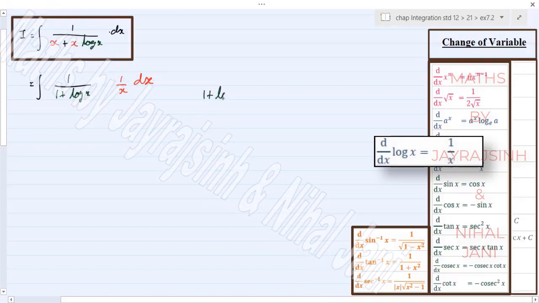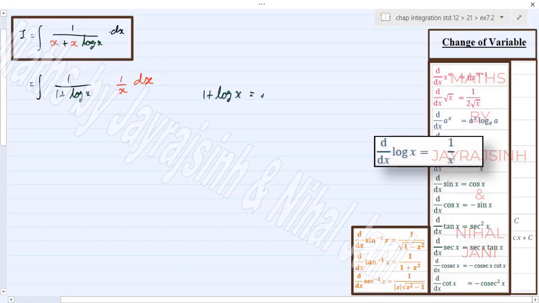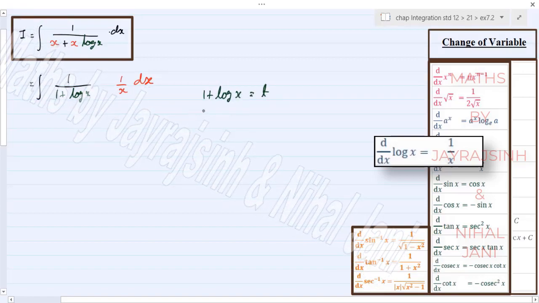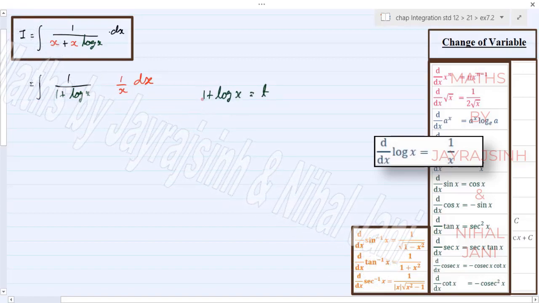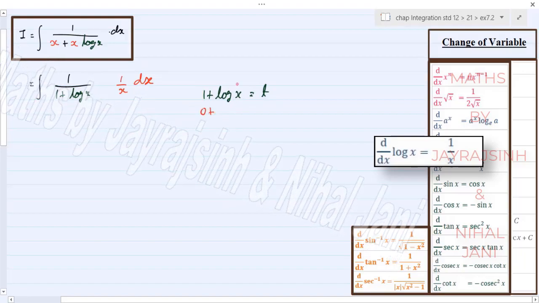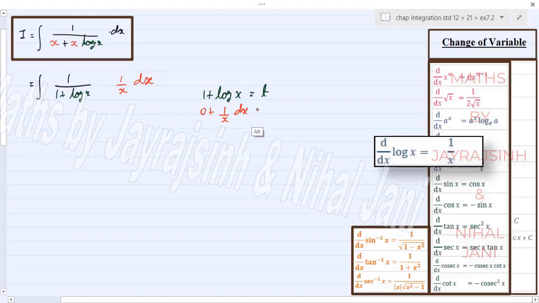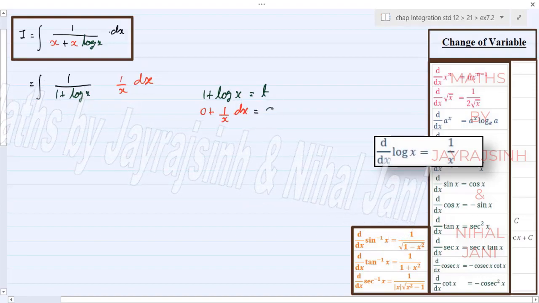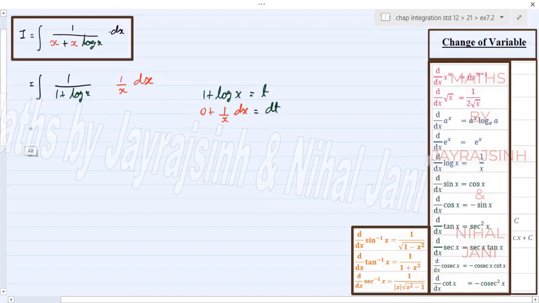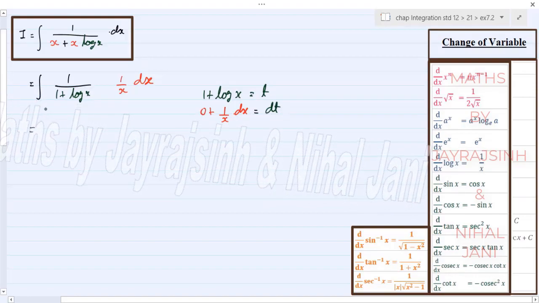So let's assume 1 plus log x as a new variable t. Differentiate both sides. The differentiation of 1 will be 0 and the differentiation of log x will be 1 upon x dx, which is equal to dt. So we are ready to modify our integration.